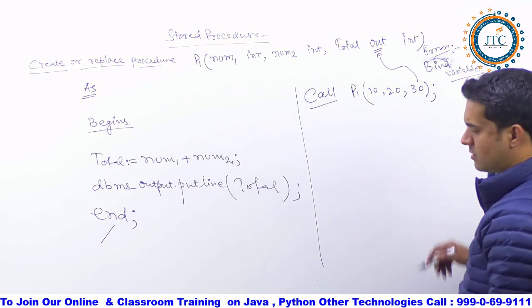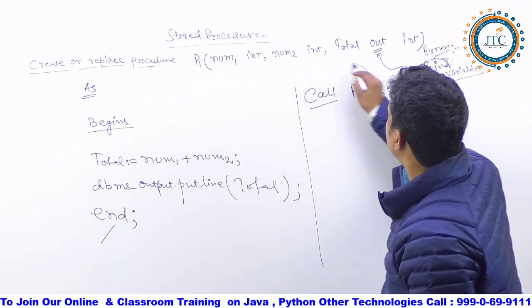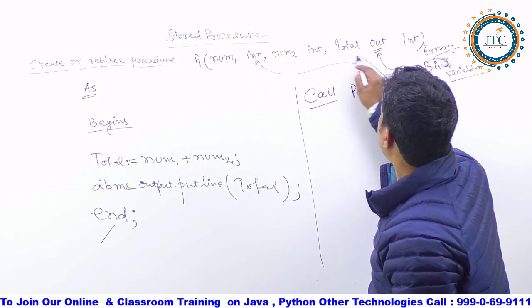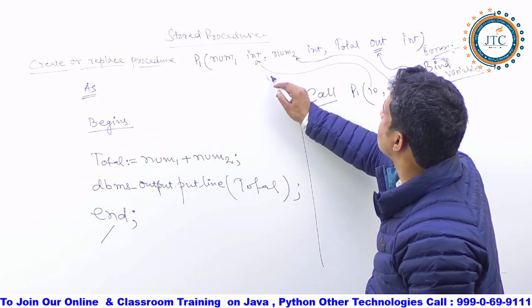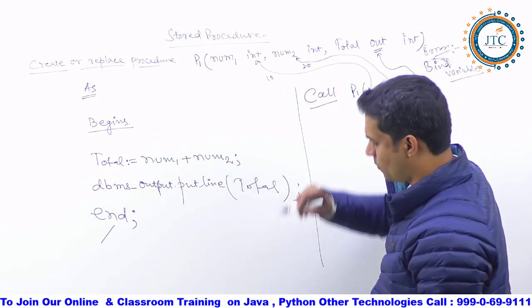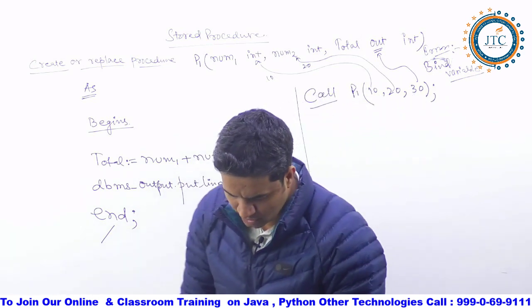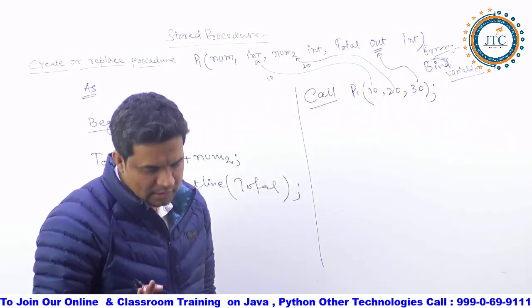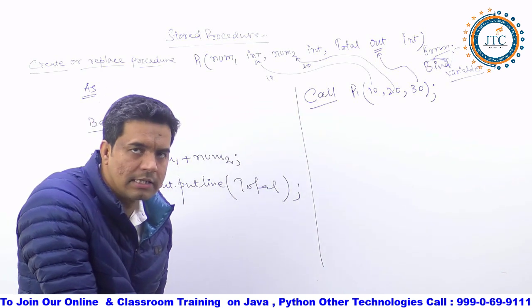What is this error? Understand it. These two, 10 and 20, are going to be fine. There is no problem at all in this case.